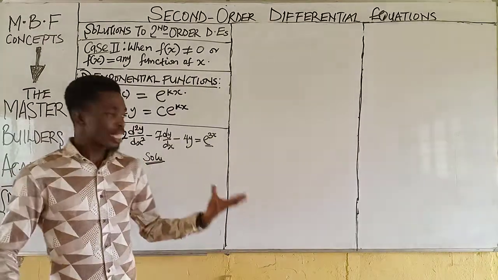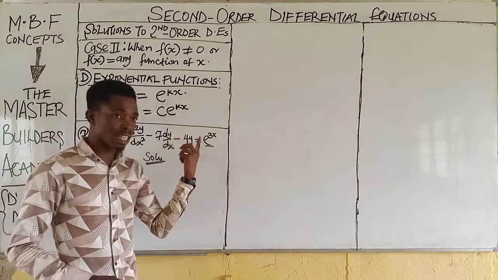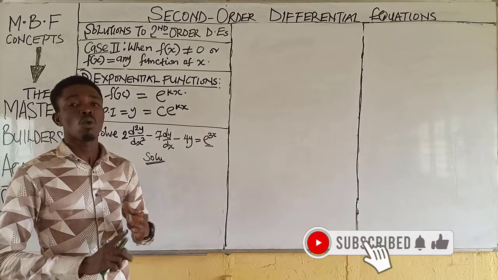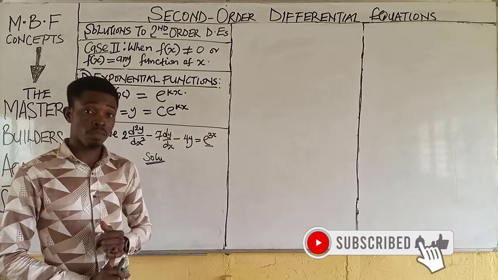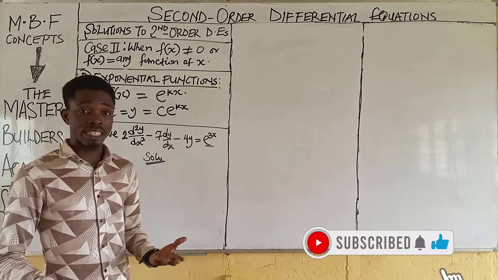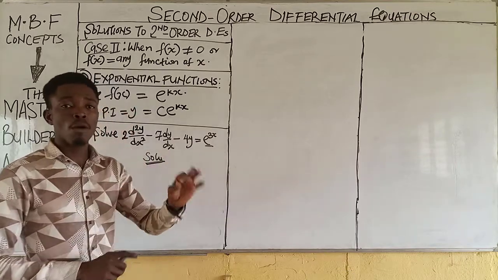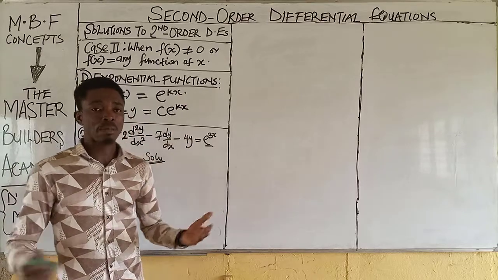It's not 0. That is to say, this particular second order differential equation contains two parts. One part is the complementary function, the other is the particular integral. Hence, the general solution to this question would be the sum of the complementary function and particular integral.